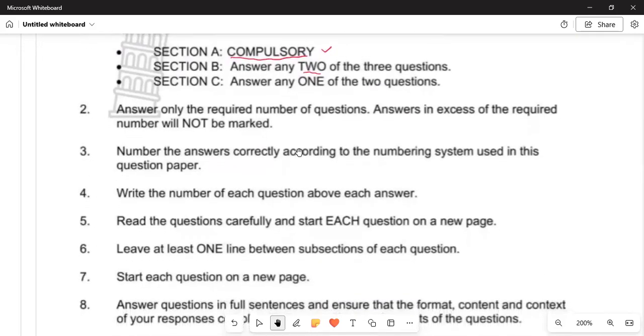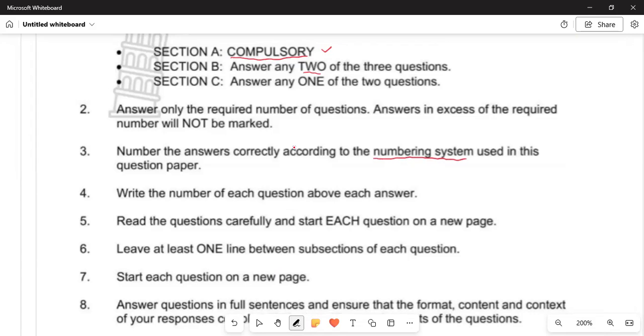The other important instruction is the numbering system. People get or lose marks because of this numbering system. Don't take it for granted. Number the answers correctly according to the number system used in this question paper. We cannot write 1.1 and then write 1.14 and then write 1.12 after 1.14.